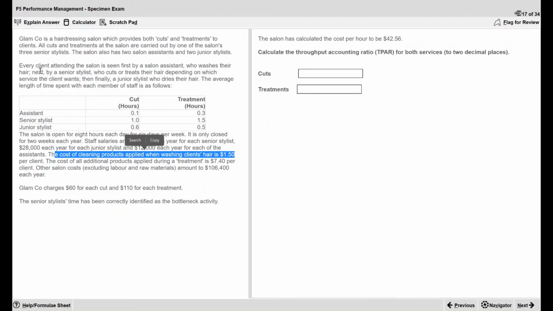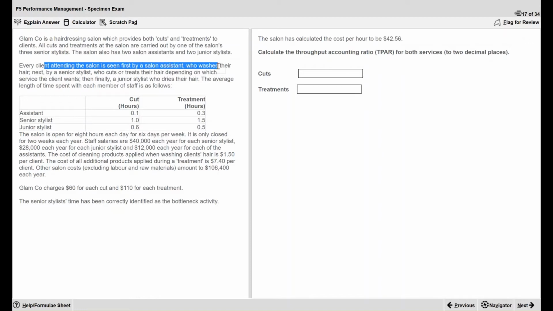As you can see here, the process is that every client attending the salon is seen first by a salon assistant who washes the hair, next by senior stylist who cuts or treats their hair. So whether you are coming for the cuts or treatments, hair will be washed, and the cost of the material will be $1.50. Obviously, if you are cutting your hair, there will not be any additional cost. If you are treating your hair, there will be 7.40 additional cost.